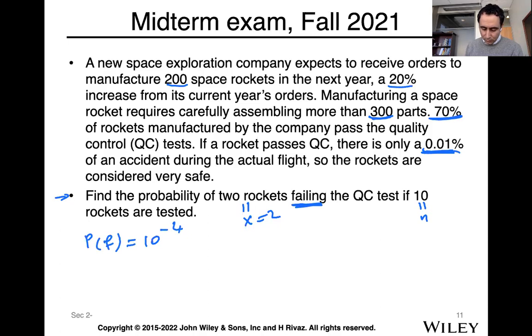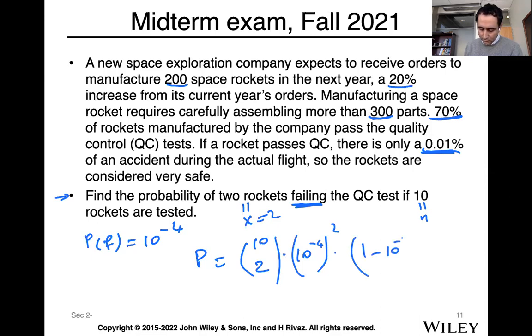So my answer is P equals 10 choose 2, times 10 to the power minus 4 to the power 2, times 1 minus 10 to the minus 4 to the power 8.